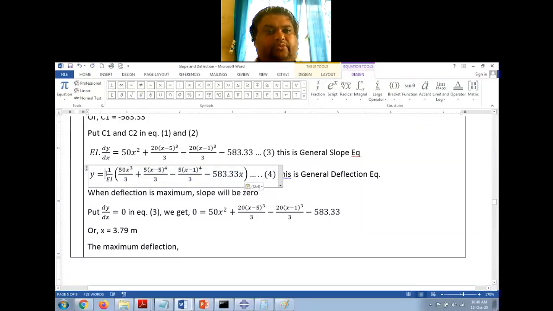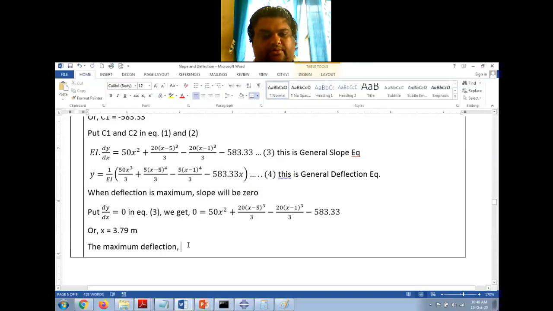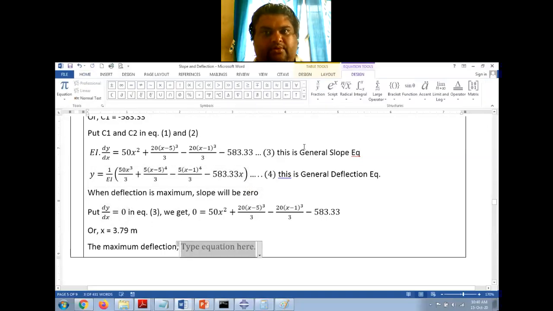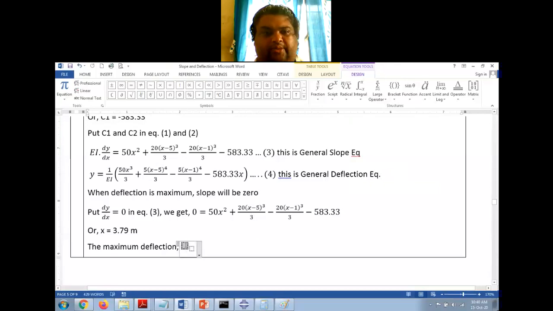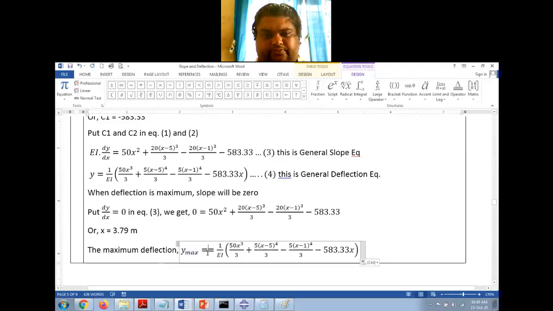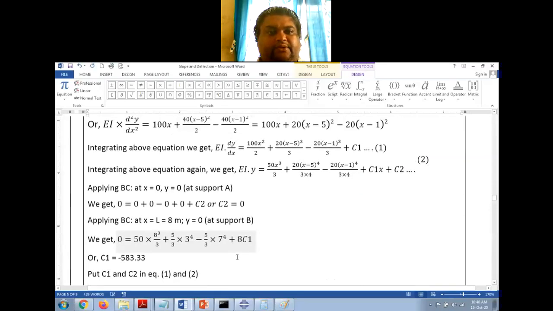So it's easy for me to calculate now. So I am calculating y max. Y max is equal to, now I'm substituting the values directly in this.